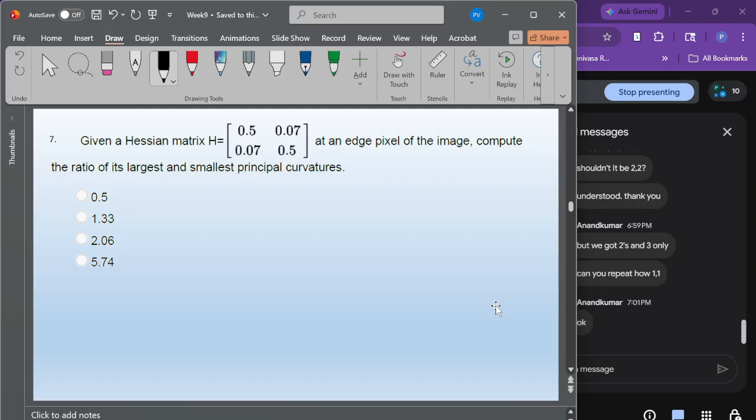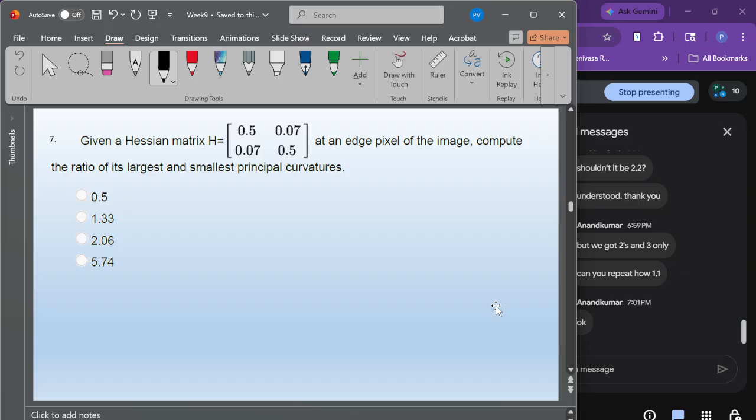Any idea? Okay. To compute the ratio of the largest and the smallest principal curvature, we first need to find out the eigenvalues of the given Hessian matrix.